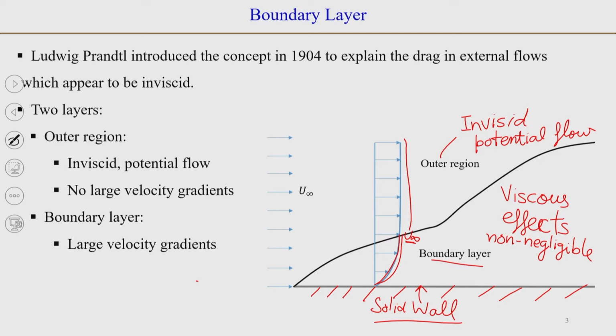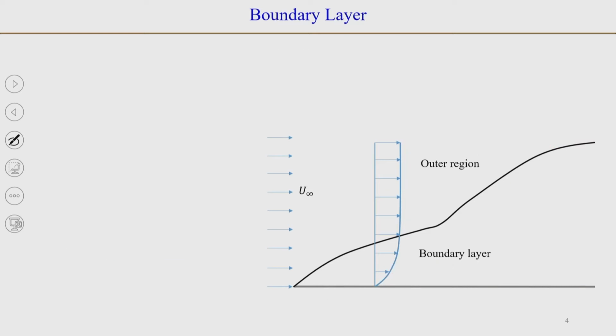So, the velocity gradients are large in the boundary layer where the flow is viscous, whereas in the potential flow in the outer region the velocity gradients are small, and in the boundary layer viscous effects are important.